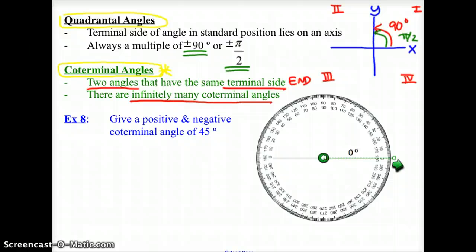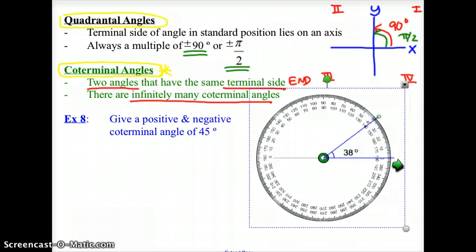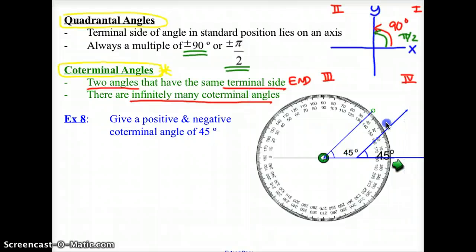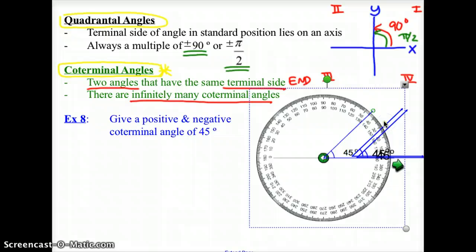So, for an example, give a positive and negative coterminal angle of 45 degrees. If I draw an angle at 45 degrees, right, I want to create an angle that is coterminal. So, what I can do is I can now draw an angle that goes all the way around the circle and goes all the way back to 45 degrees.